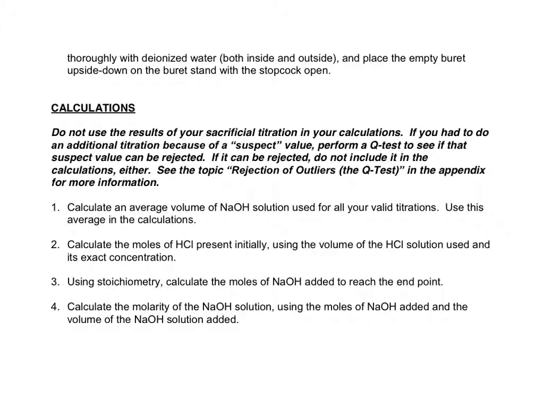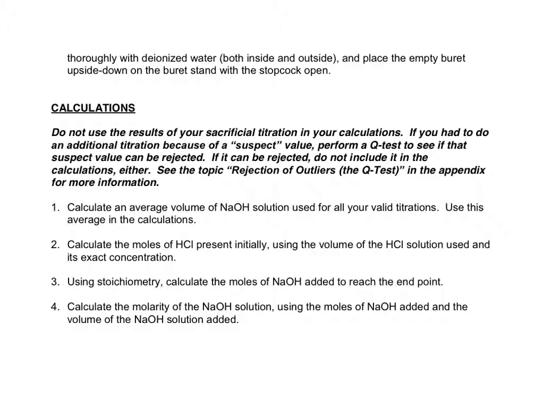Okay. So the first calculation is to calculate an average volume of your 3 trials that are within 0.4 mils of each other. It says use only valid titrations. If you have one that lies outside that 0.4, don't use it. So that's calculation 1.